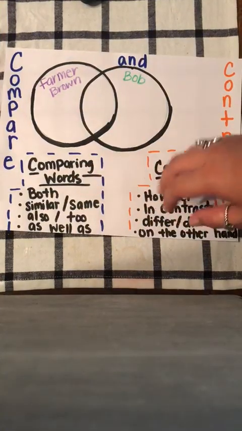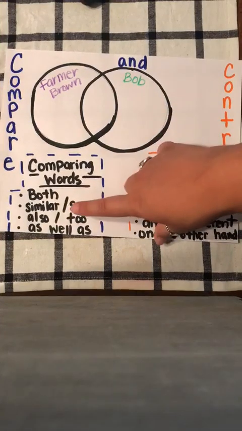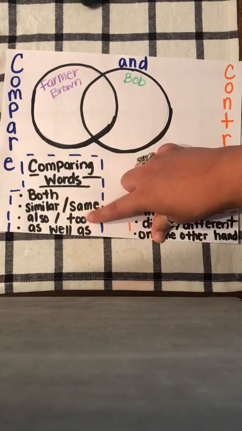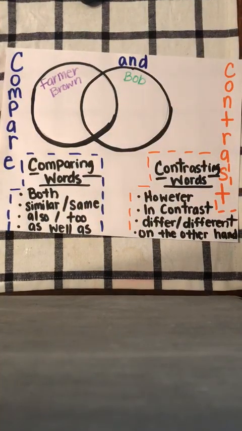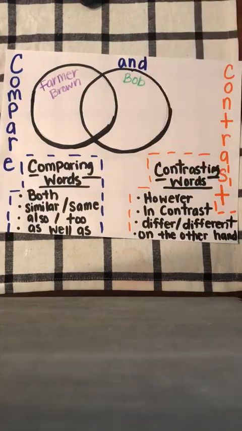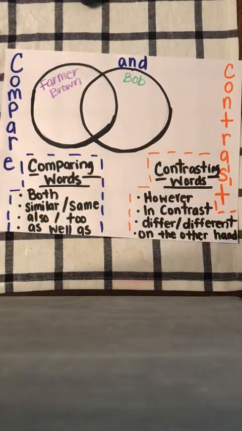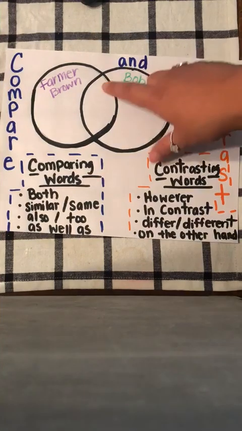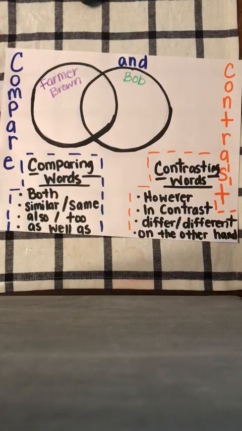They are similar or the same because this is that. Also, or two, Farmer Brown has the same animal as Bob. You can say as well as. That would be for the middle here. That's how we compare them.